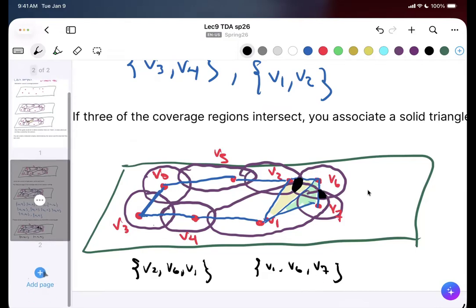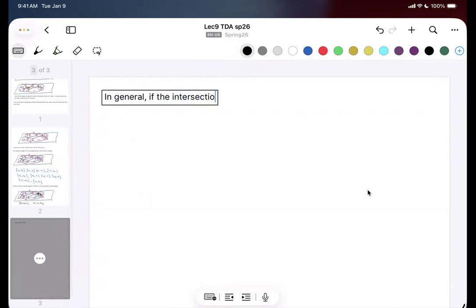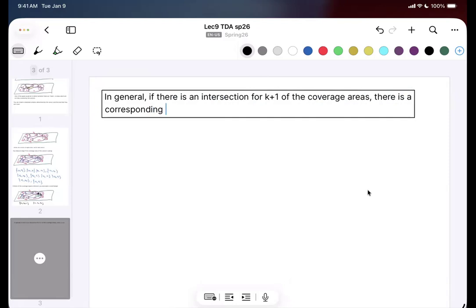So, to be more precise, in general, if there's an intersection of K plus one of the coverage areas, there is a corresponding K-dimensional simplex, a standard simplex, associated to this, determined by the vertices.